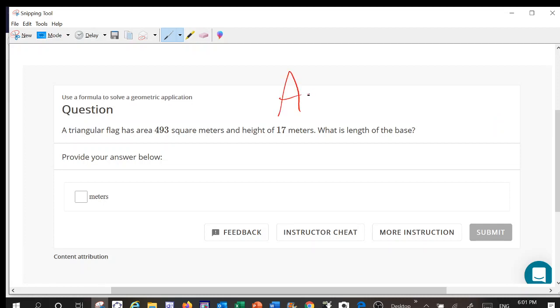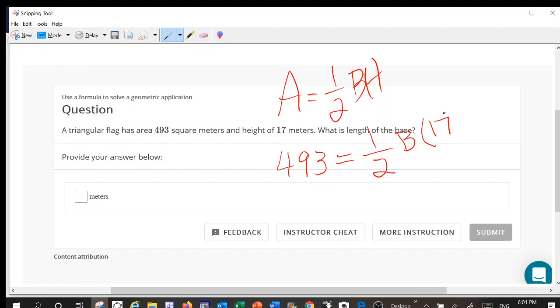Area of a triangle is 1/2 base times the height. So here, area of the triangle is 493. That's 1/2, the height is 17, so that's b and then times 17. So what is the length of the base?